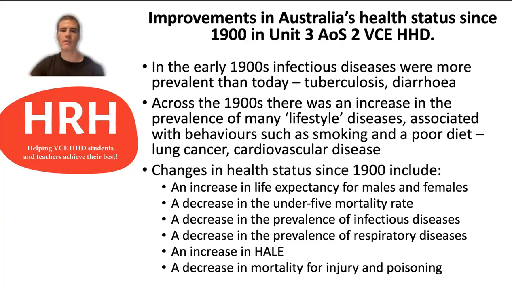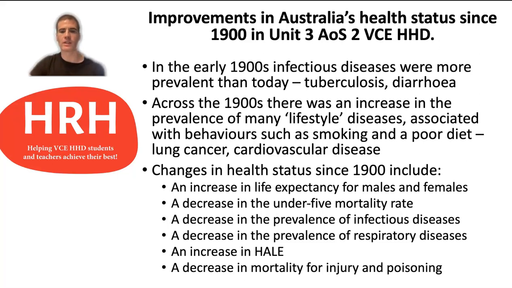So you can see I've included a few examples of changes in health status since 1900. You should know some off the top of your head, although a question might start with a graph or a table which includes some of this information and asks you to identify one of those changes. You can see an increase in life expectancy for males and females, and a decrease in the under 5 mortality rate are a couple of examples, followed by a couple of examples about conditions that were typically communicable or infectious: a decrease in the prevalence of infectious diseases and a decrease in the prevalence of respiratory diseases.